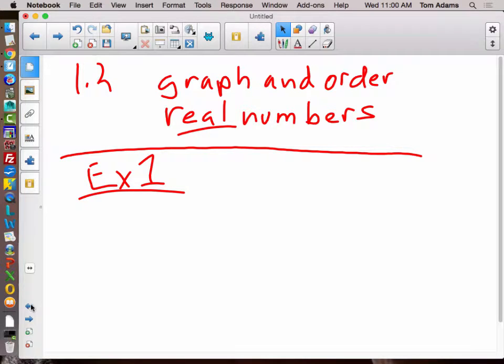So we're going to go back. Example number 1, it says, who could be in this race? Or better yet, who would not be in this race?